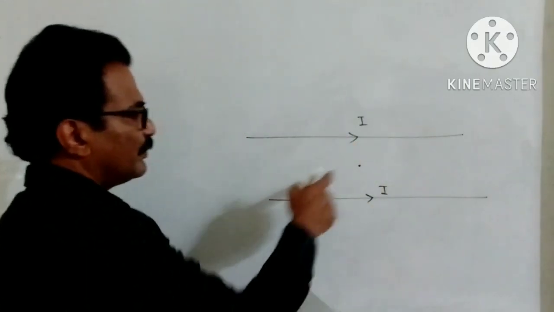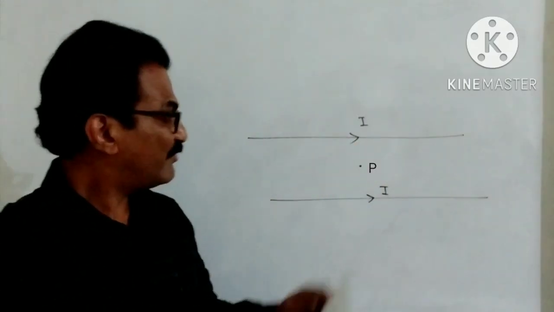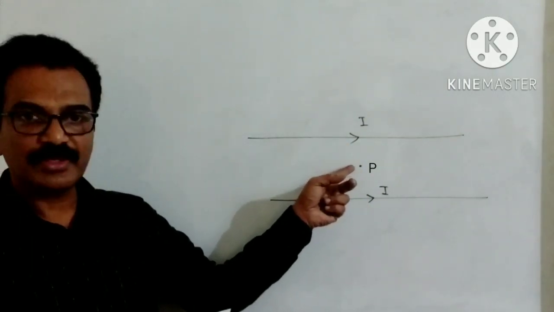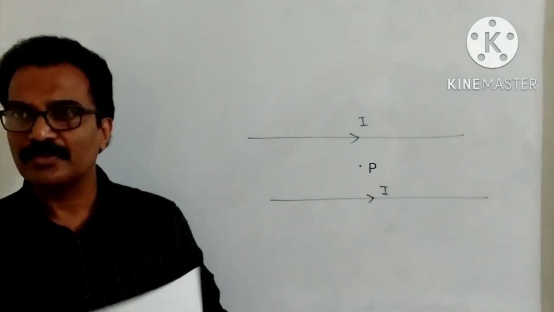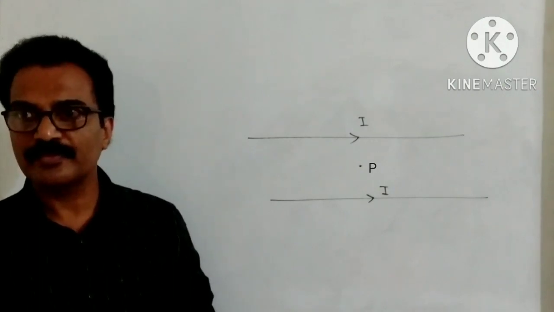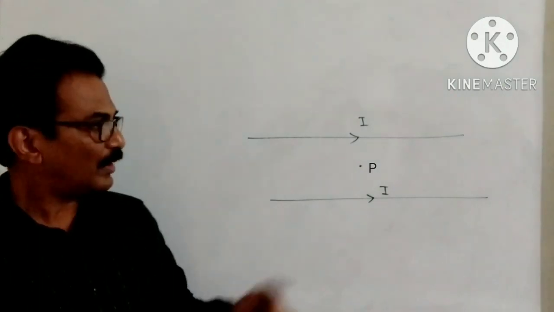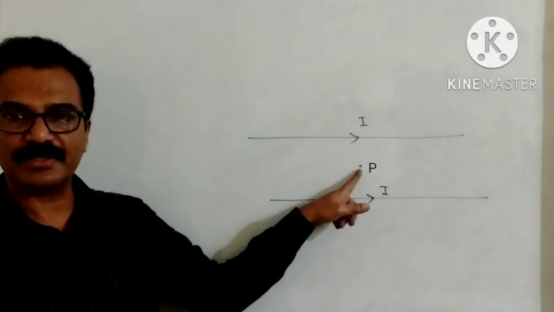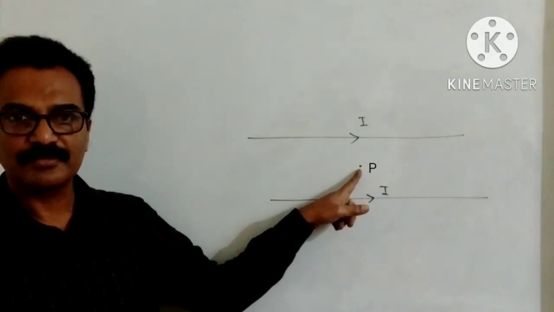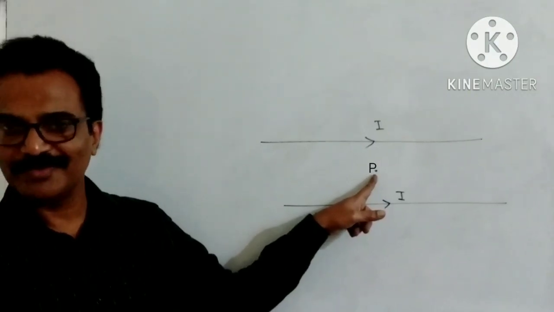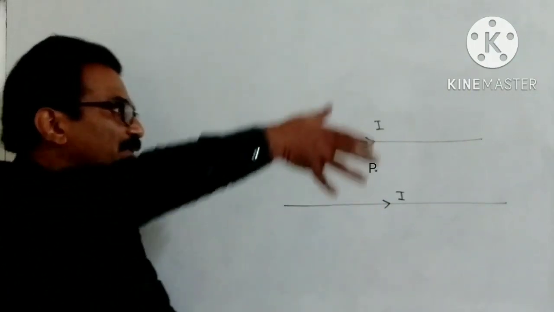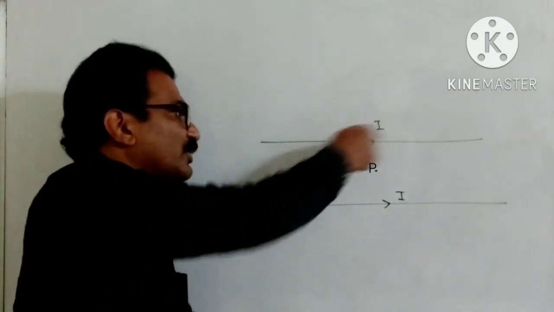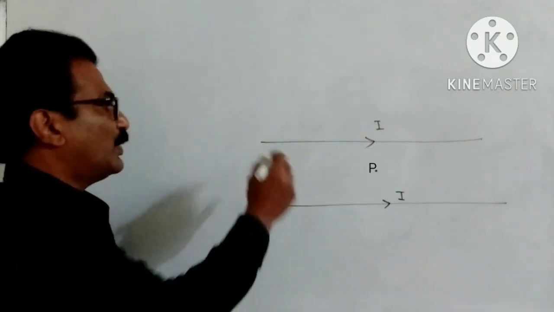Exactly in the middle, midway between these two wires, the magnetic field will be zero. How? That is related to direction. How will you find the magnetic field direction here? Which rule? Right hand thumb rule. Using the right hand thumb rule, what will be the direction of magnetic field if you consider this first wire W1?